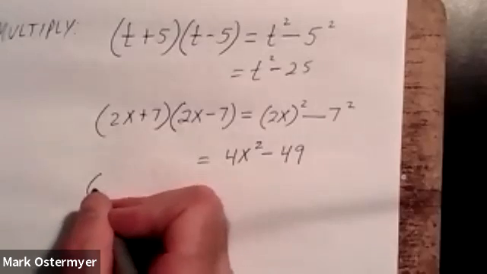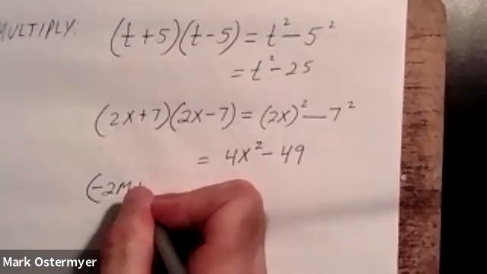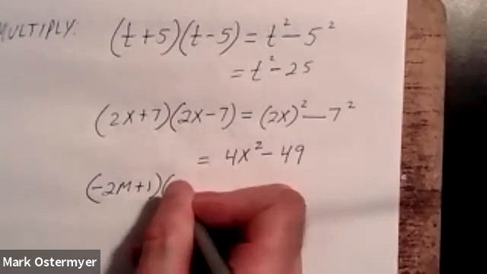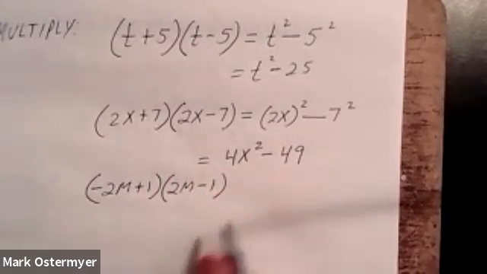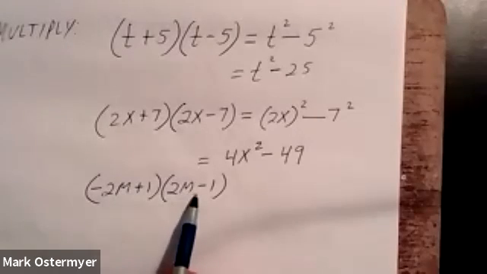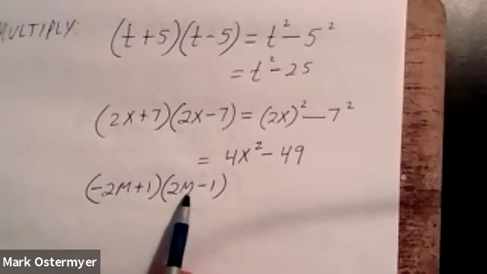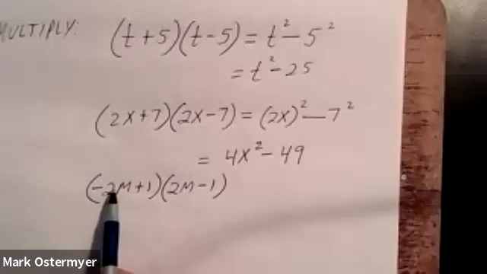Let's take a look at this one here. How about negative 2m plus 1 times 2m minus 1? Are these conjugates of each other? No. Why not? Why are these not conjugates? One negative and one positive. Yeah, the first terms are not identical.